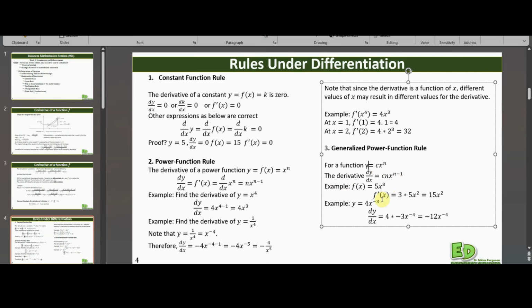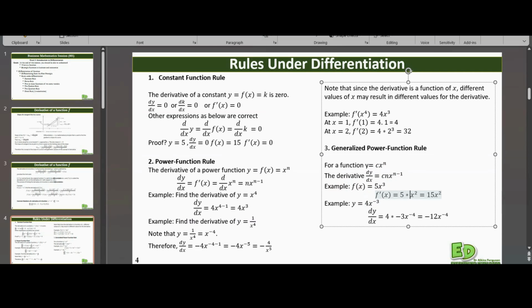An example is f of x is equal to 5x to the third. To find the differential of this, we say f prime of x, then we differentiate. The coefficient is 5.